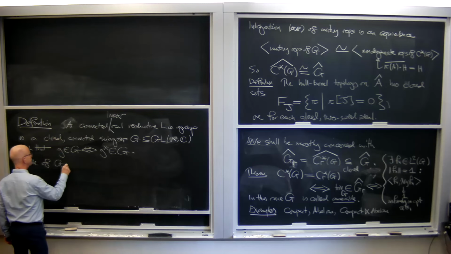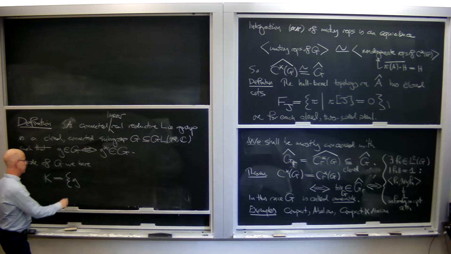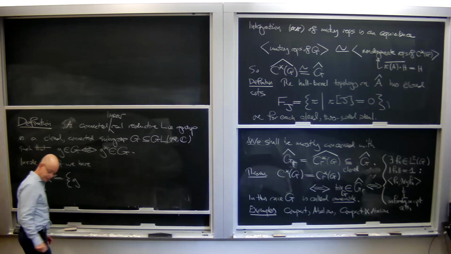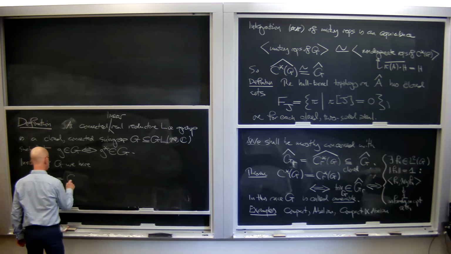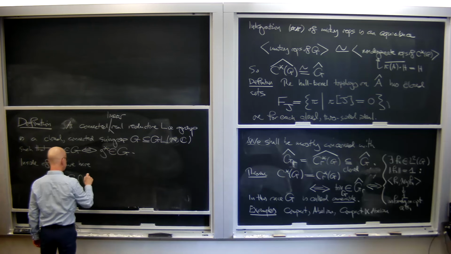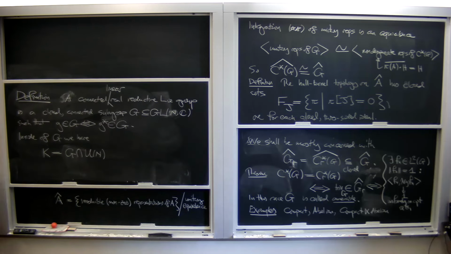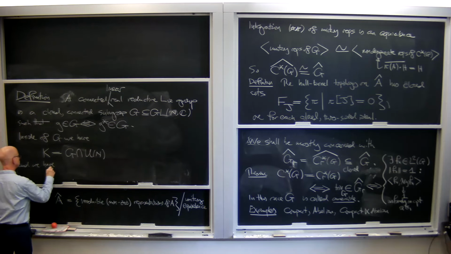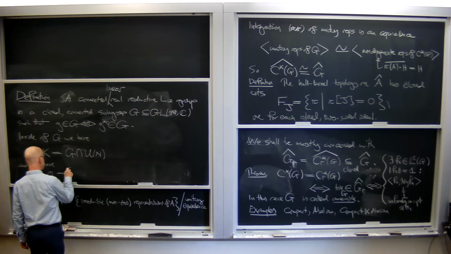If you have such a group, here's an obvious subgroup K. It's just G intersected with the unitary matrices. As for the Lie algebra, this Lie algebra consists of two parts.